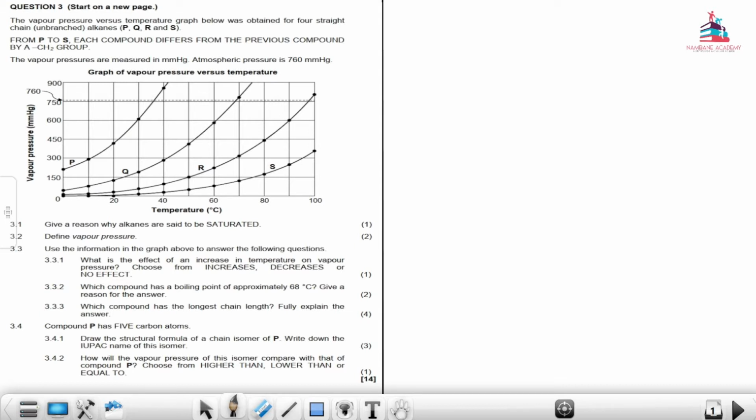I think it was one of the November papers, but we will look into it and try to explain everything in detail. So what is our approach in terms of getting the questions correct? The first thing that we do is we look at what is the total for the paper.